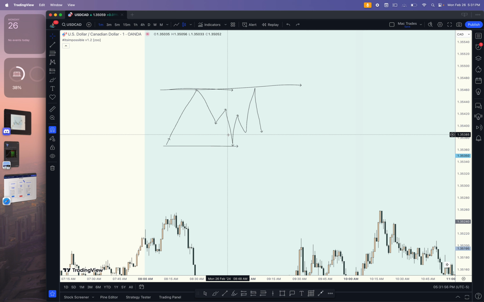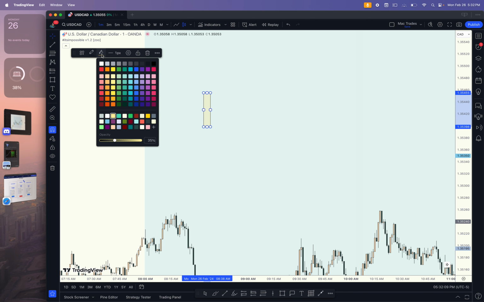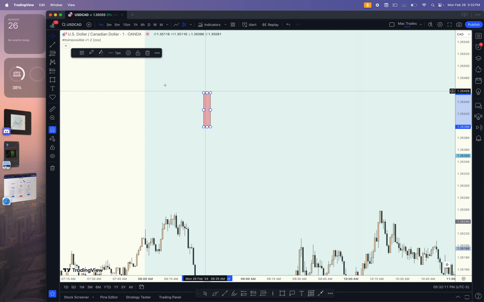So now I'm going to show you guys another way that accumulation can form. Let's say you have a bearish candle here. Boom, we have a bearish candle.